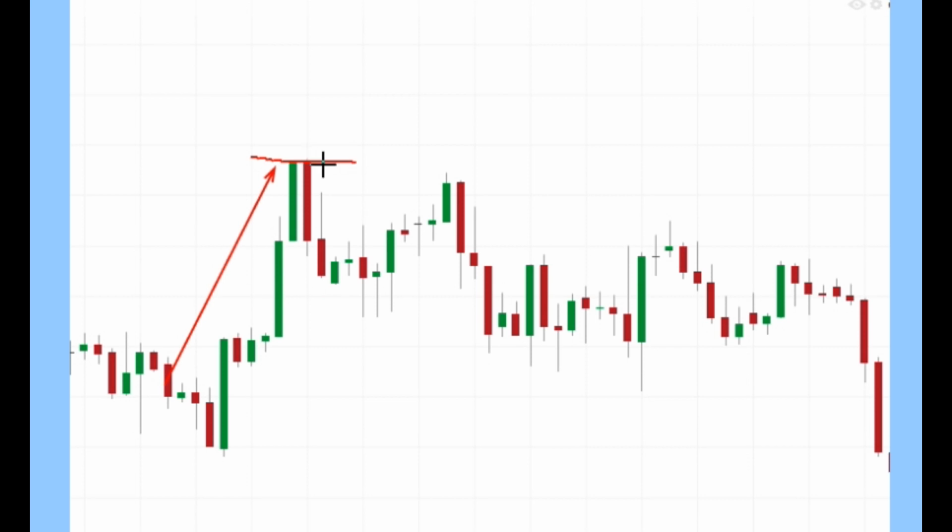But because of the nature of this candlestick, this market did not give enough sign. What do you call this candle? This candle is not engulfing per se. It's neither here nor there.